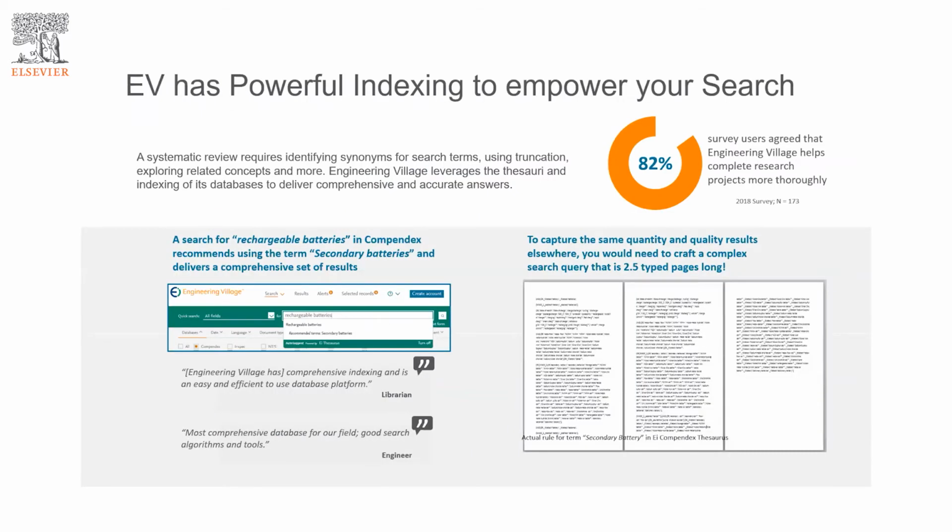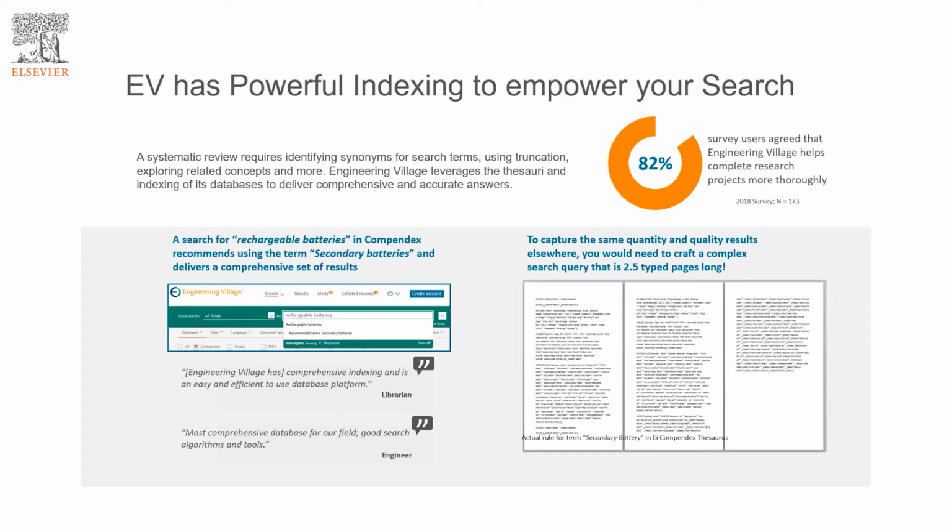Of course, you should know that EV has very powerful indexing that makes our search tool one of the preferred search tools out there for engineering content. I'll show a quick example on this page. When you search for something like rechargeable batteries, we have done custom indexing on the back end to help you realize that rechargeable batteries is actually an index term that we've done algorithmically to help you find all the content related to that topic.